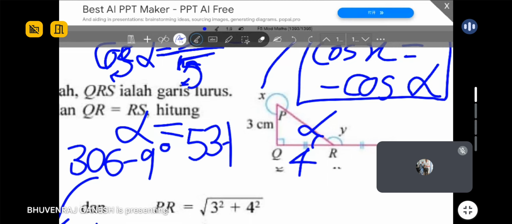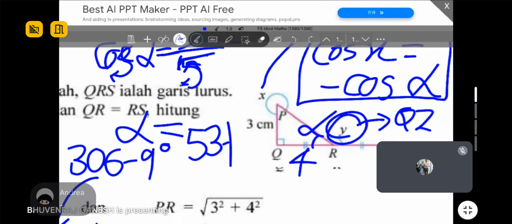So kuadran kedua guys, tangent positif atau negatif? Sebab yang ni garis lurus kan, this is a straight line. So Y basically will be in kuadran kedua. Yang ni adalah kuadran kedua. So can anyone tell me positive or negative tangent dalam kuadran kedua? Yes.